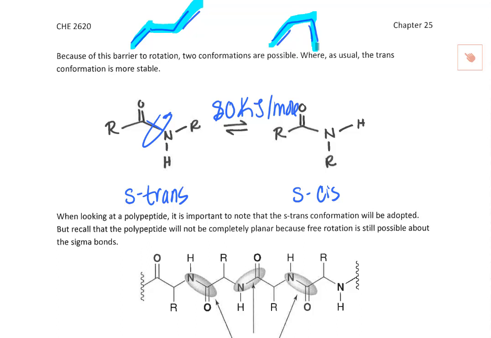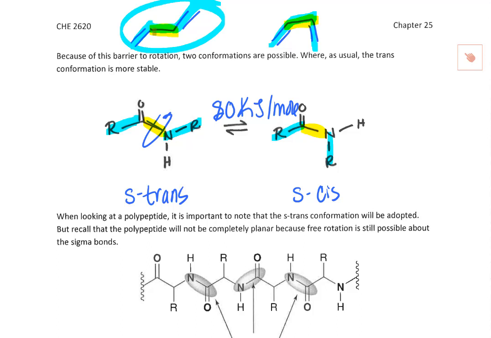So now what we're doing is we're kind of looking at those R groups and saying these are kind of like the pi bonds that we saw up here. And notice how the bond right here is the one that has the barrier to rotation, right? That would be like this bond here and here.